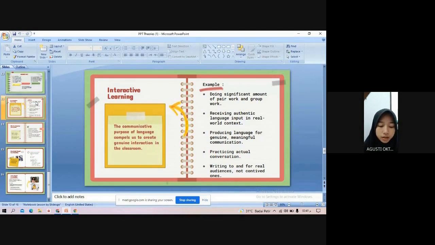Selanjutnya, kita dapat mempraktekkan, practicing actual conversation, kita dapat mempraktekkan conversation antara satu dengan yang lainnya.